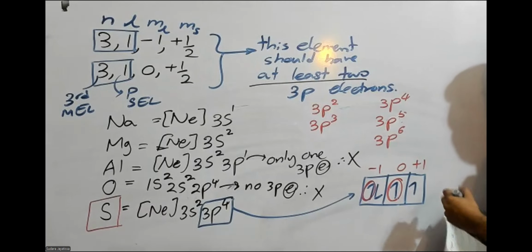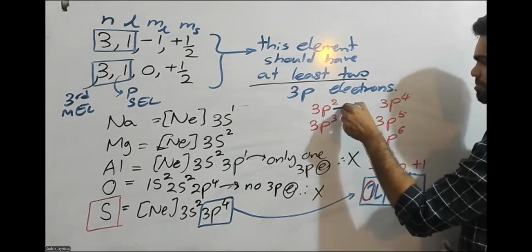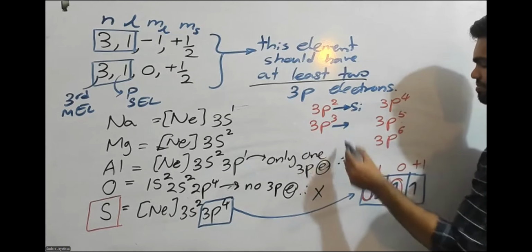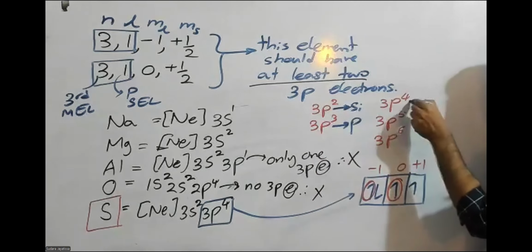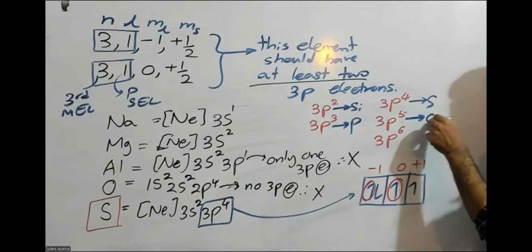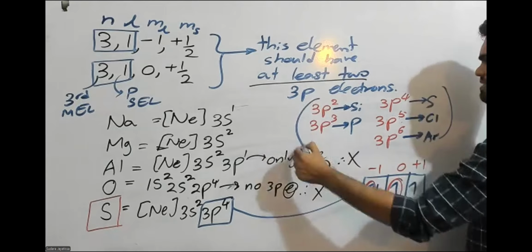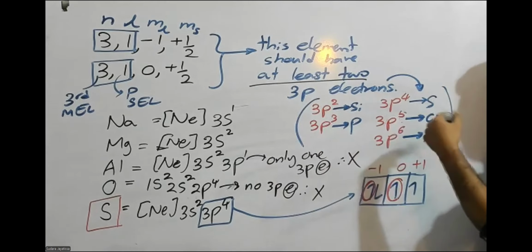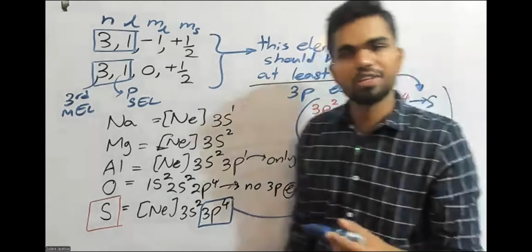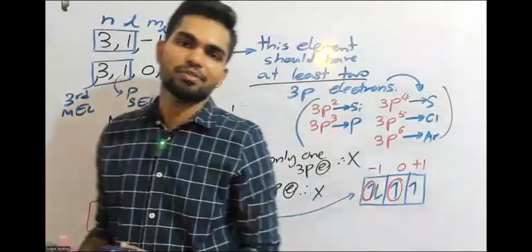So for example 3p2 will be silicon, then phosphorus, then sulfur, chlorine, argon. All these elements can be possible answers, but out of those 5 elements only sulfur is given, so therefore we have to select sulfur.